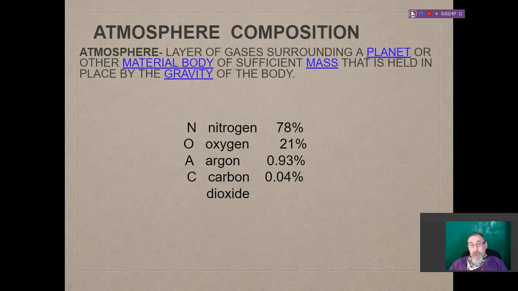There's not quite 1% of argon, which is an inert gas that we don't really need to worry about, other than we know that it's in the first 4 components of what we breathe. And the last of the 4 main ingredients is carbon dioxide at 0.04%. Very little bit of carbon dioxide when we compare it to the rest of the atmosphere.